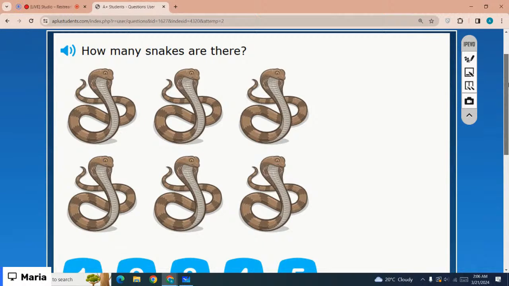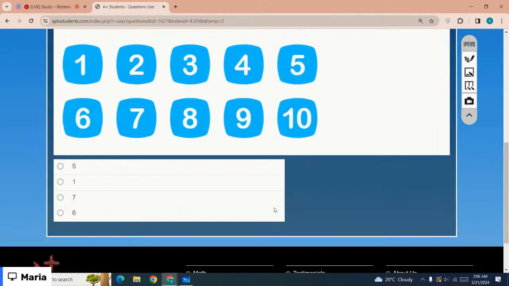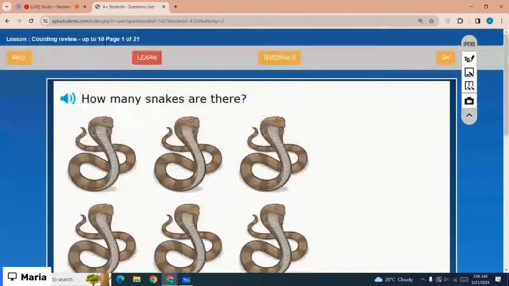The correct option is 6. There are 6 snakes. Very good. So here you are given 4 options. So just select the correct option and then click on the OK button, right?